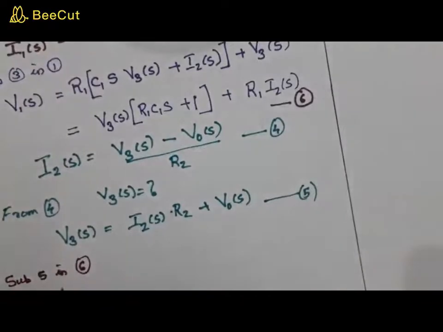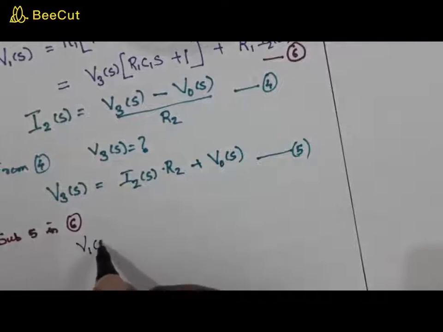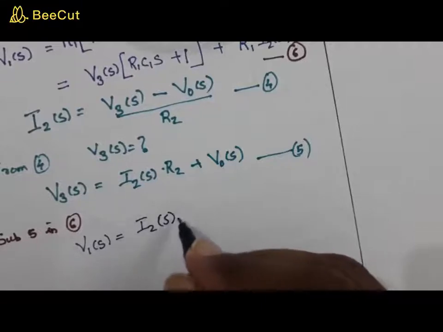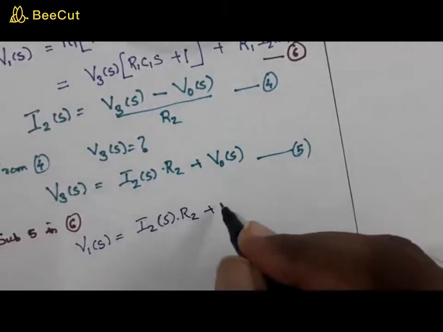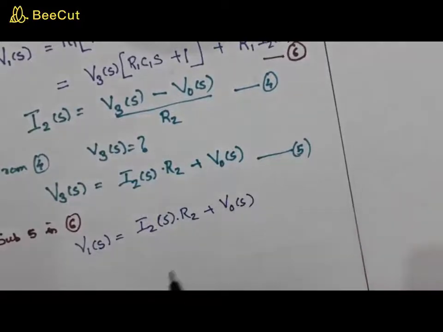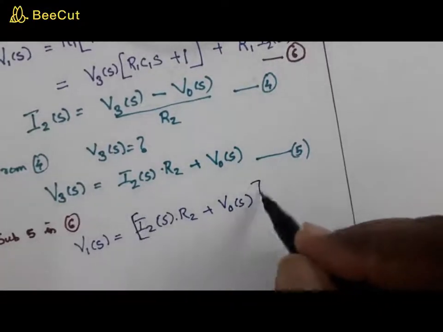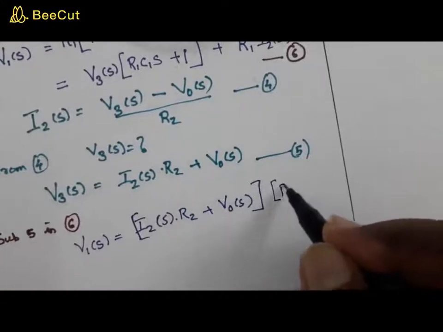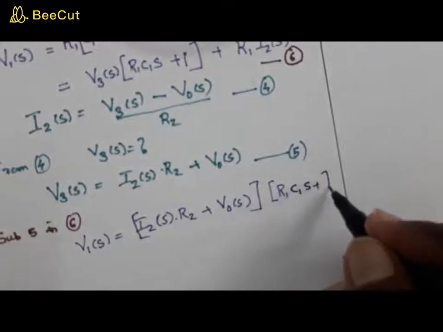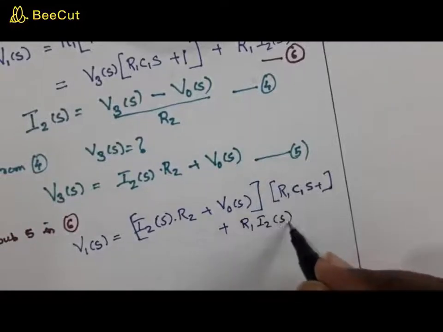So in 6, when you write the equation, you will get V1 of s is equal to, V3 of s is I2 of s into R2 plus V0 of s, into R1 C1 s plus 1, plus R1 I2 of s.